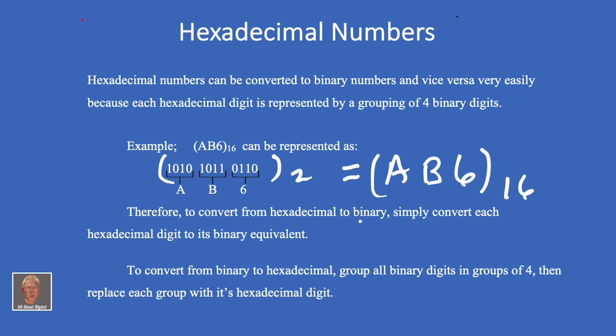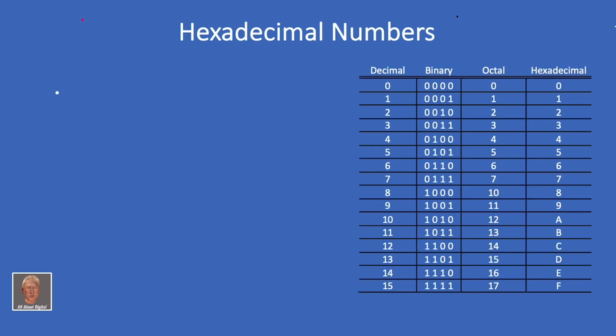Therefore, to convert from hexadecimal to binary, simply convert each hexadecimal digit to its binary equivalent. And that was fairly easy. To convert from binary to hexadecimal, group all binary digits in groups of 4, then replace each group with its hexadecimal digit. Okay, let's convert a binary number to a hexadecimal number, and we'll use this chart over here.